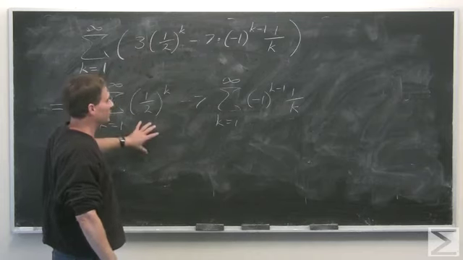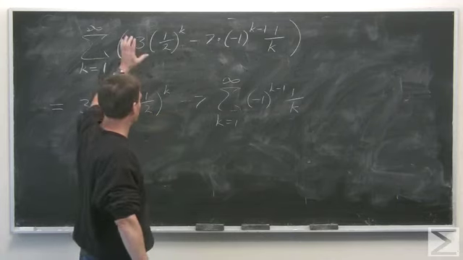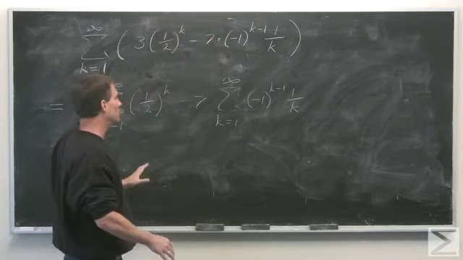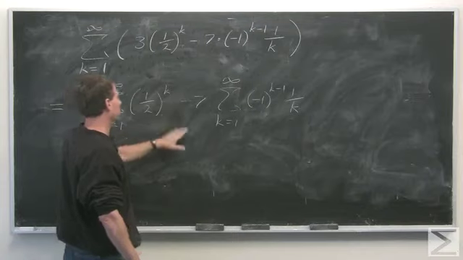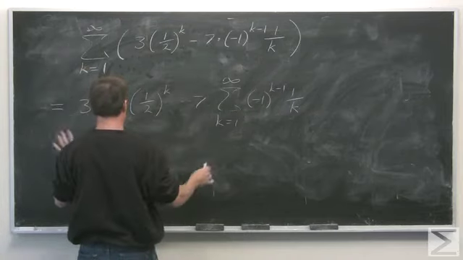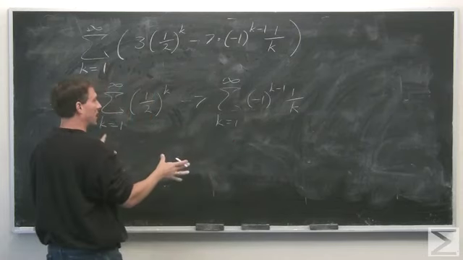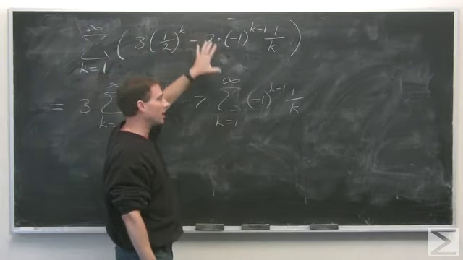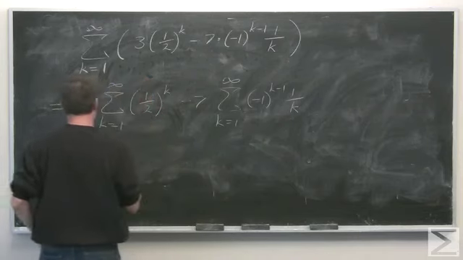You'd write that this should be this, keeping in mind, and I want to say this more carefully in a second, that if this diverges and this diverges, then splitting it like this isn't necessarily correct. What is typically done is you split it like this first, and then check whether these converge. If they converge, you know it's okay. If one of these diverges, you have to go back and start over because this still might converge or diverge. The fact that one of these diverges wouldn't tell you that the original thing diverges, but we'll come to that in a minute.